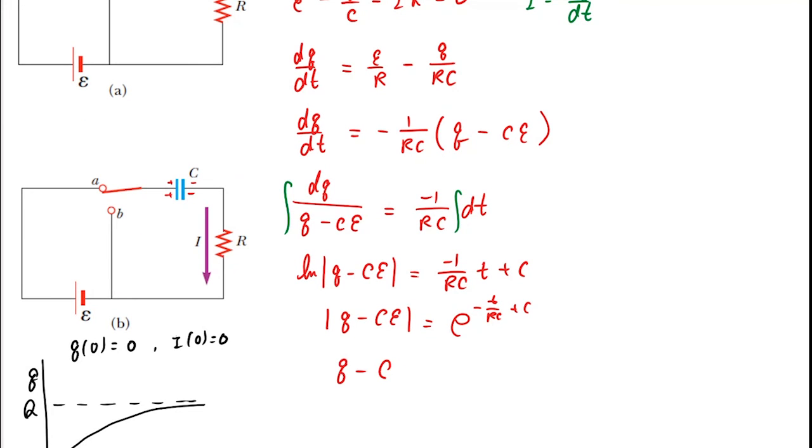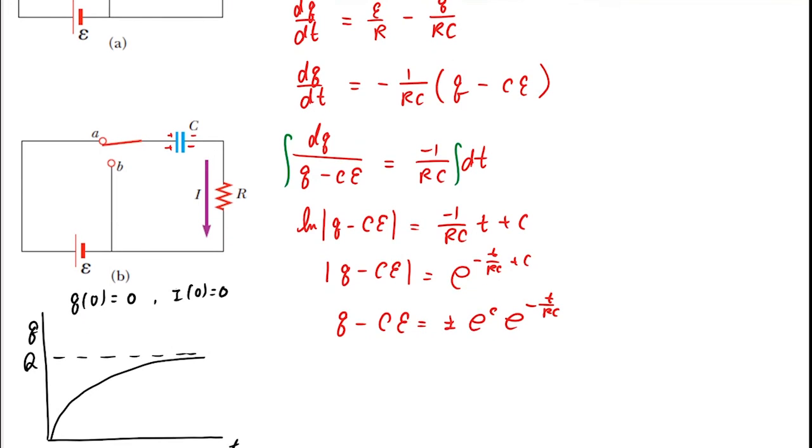So q minus CE is equal to plus or minus e to the c, times e to the negative t over RC. And we come up with a different constant, A, times e to the negative t over RC. My A here is plus or minus e to the c.